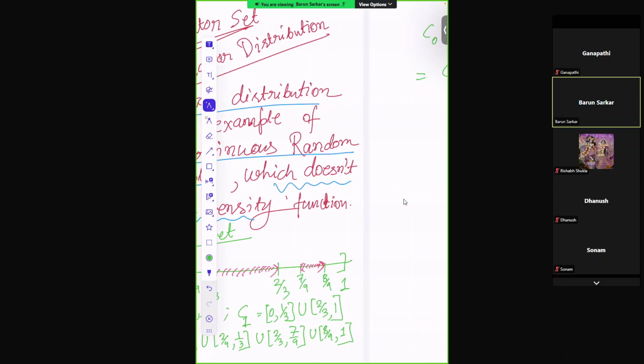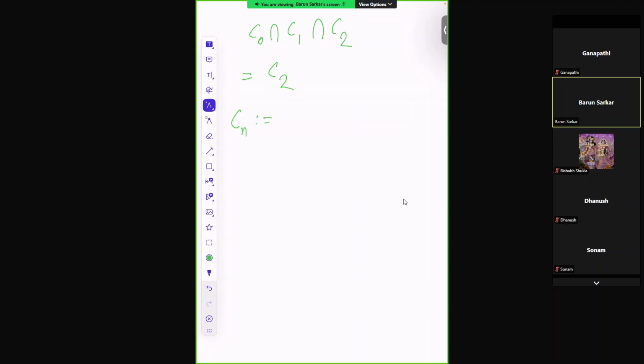So in a sense there is a formula that Cn at the nth stage is Cn minus 1 by 3 union 2 by 3 plus Cn minus 1 by 3. I mean, this is my Cn, and you have to run it for n greater than or equal to 1.